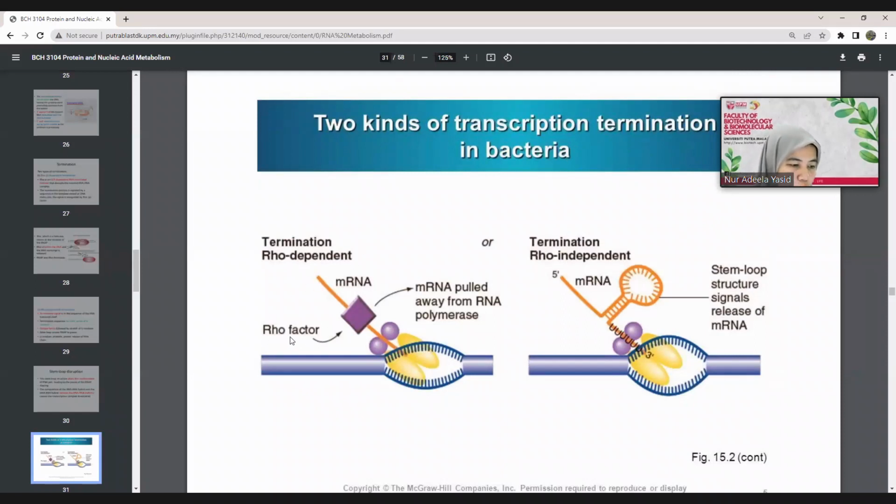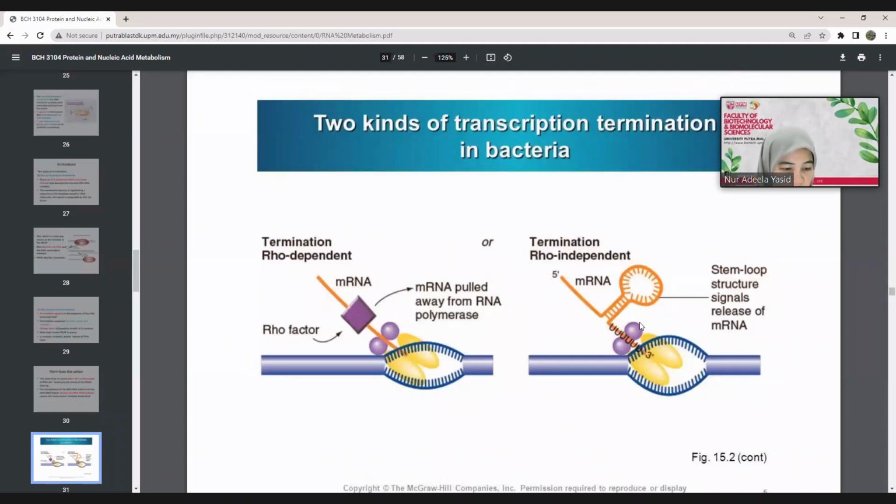One is controlled by the rho protein, rho factor. And another one, for rho independent termination, will form a stem loop. The formation of the stem loop gives a signal for the releasing of mRNA. So this is the stretch of uracil residues, and this is a very unstable region.